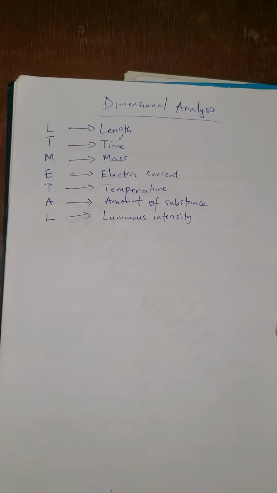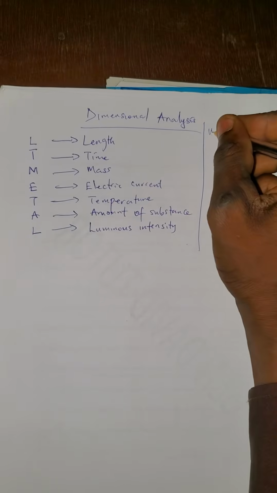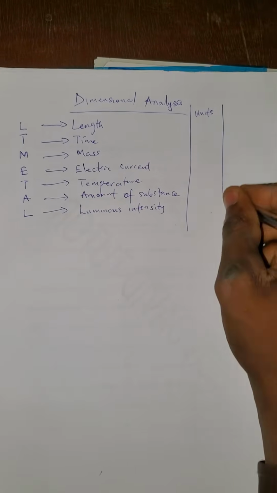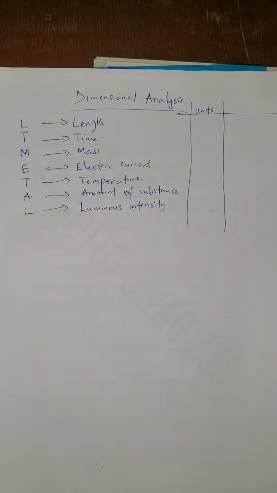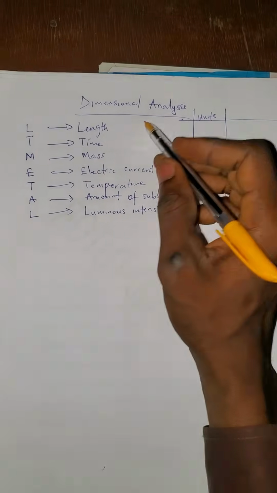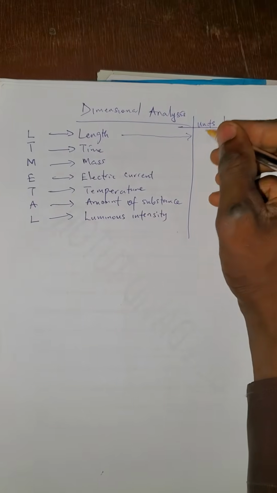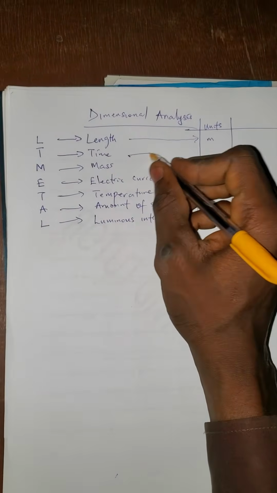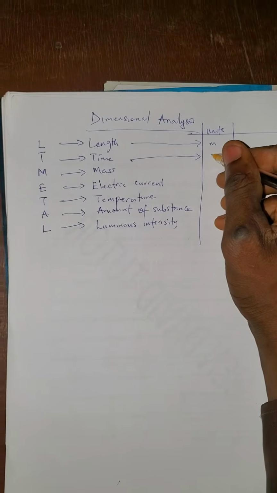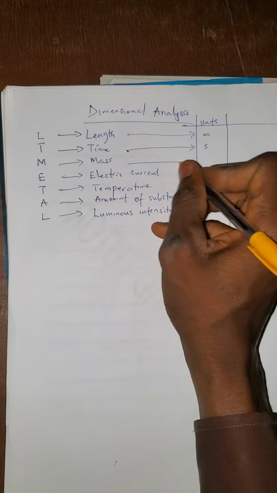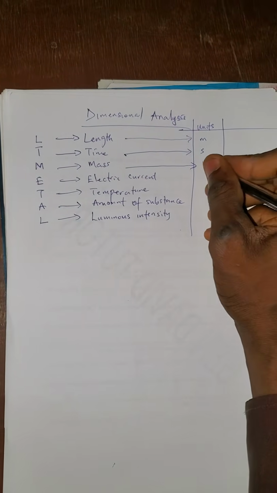Now, let's talk about their units. The unit of all these fundamental quantities: for the length, we have the unit to be meter. For the time, we have the unit to be seconds. For the mass, we have it to be kg.